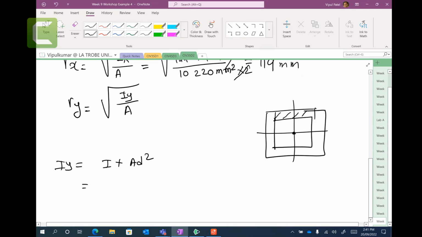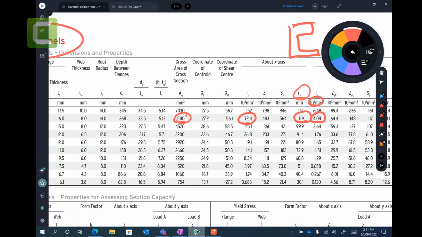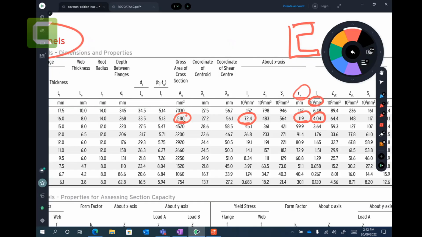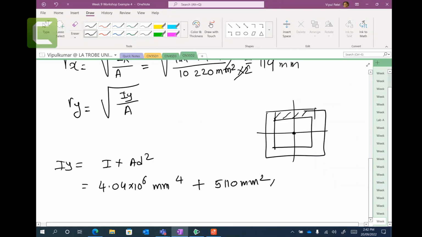So I for your section is 4.04 times 10 raised to 6 millimeter power 4. That is coming from your steel tables. Gross area is 5110 millimeter square coming from here, and times the distance squared.